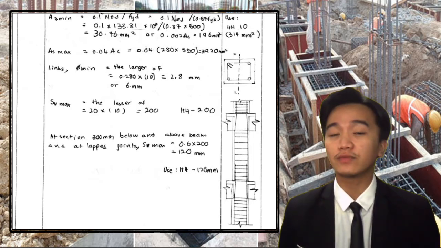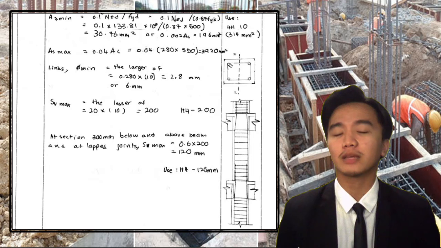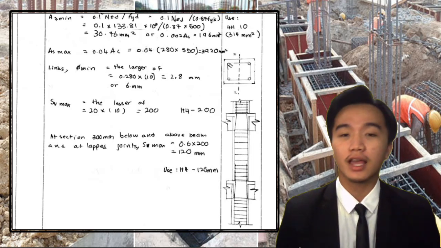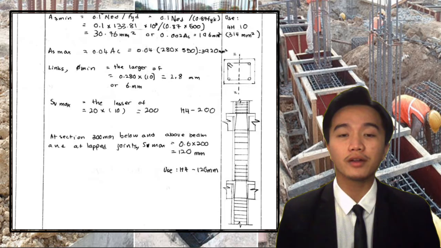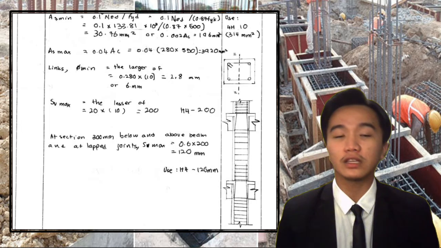While for our Sv max, the lesser of 20 times 10 equals 200, so H4 to 200. At the section 300 mm below and above the beam and at the lap joints, Sv max is 0.6 times 200 equals 120 mm. So we use H4 to 120 mm for the distance of each of the links.